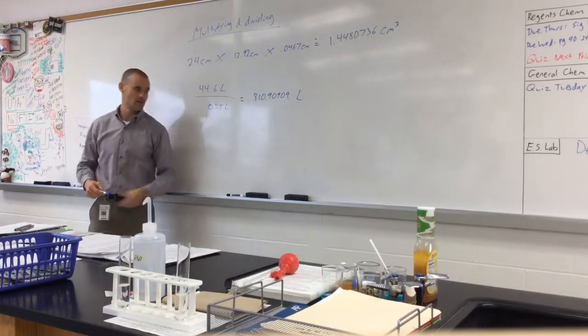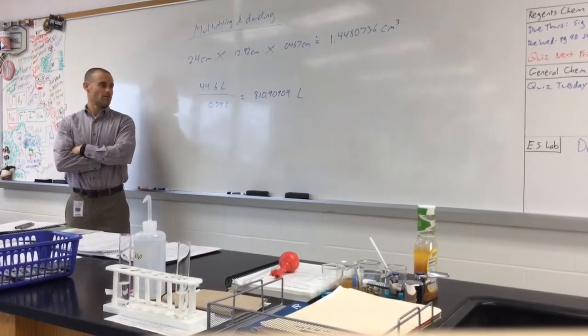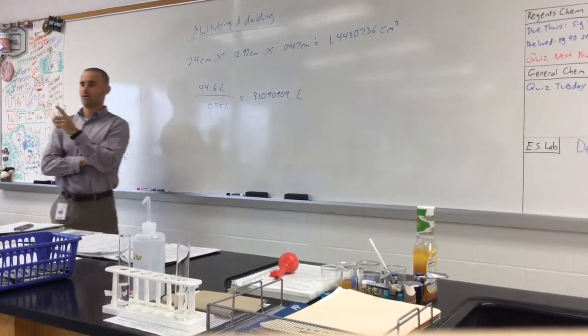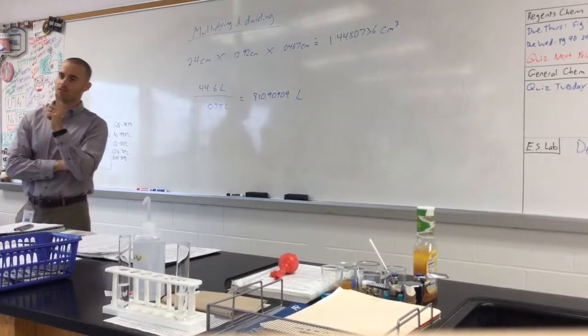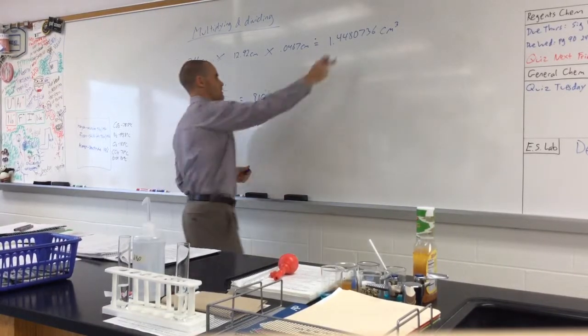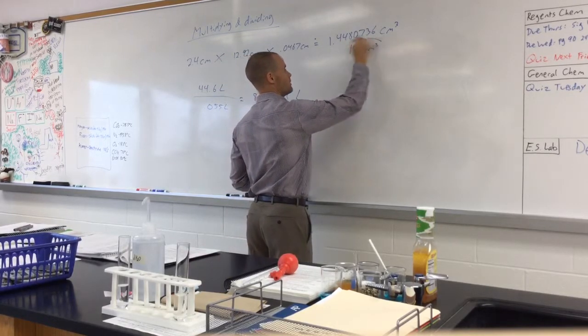Now, I'm going to write the real answer using sig fig rules, and you are going to talk to a neighbor and discuss what the rule is. Here it is. So this one is 1.4 centimeters cubed.